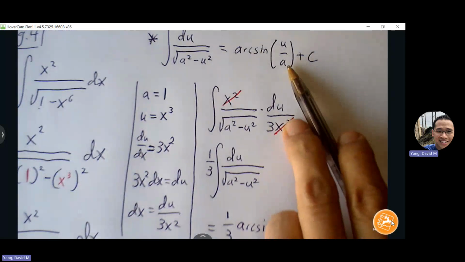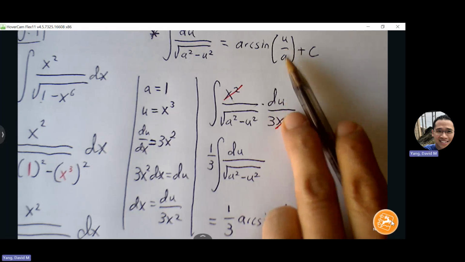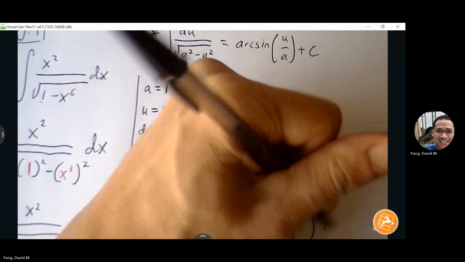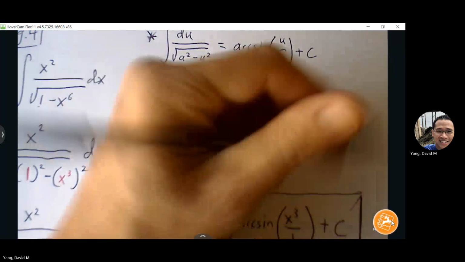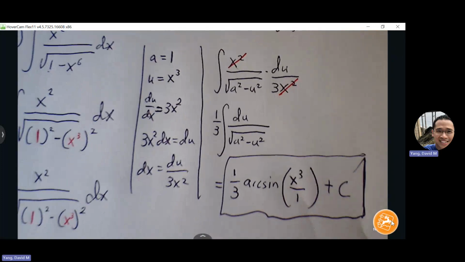Okay. What do we put in our fraction here? X cubed over 1. Yeah, or you can drop the 1 if you want. Call it x cubed. It's fine.